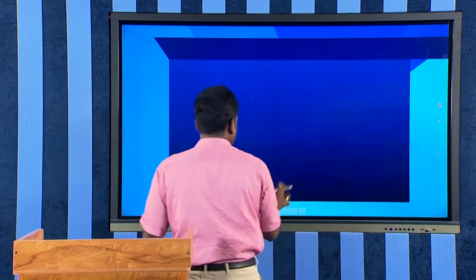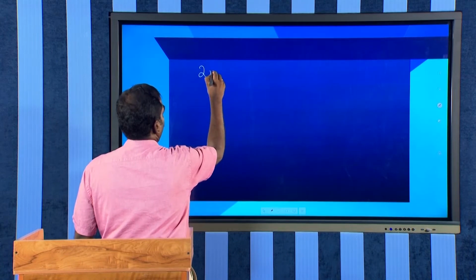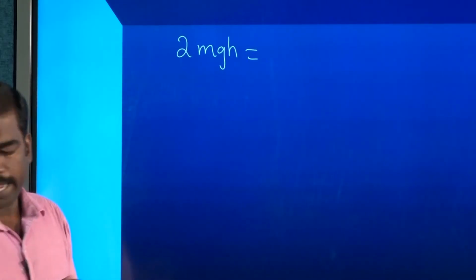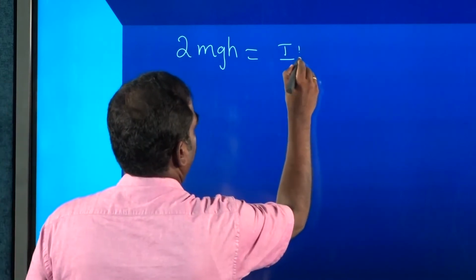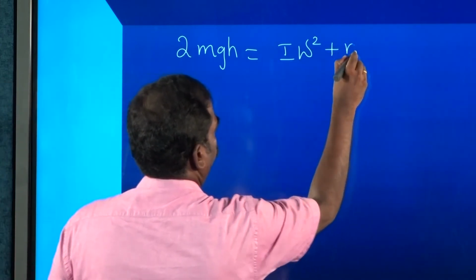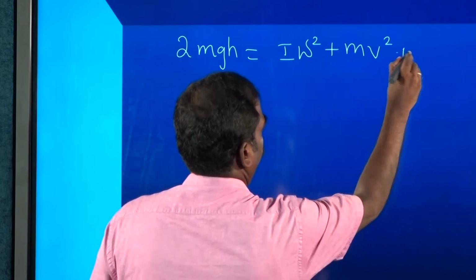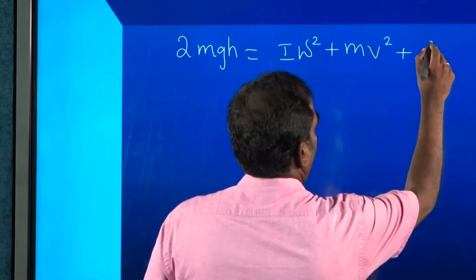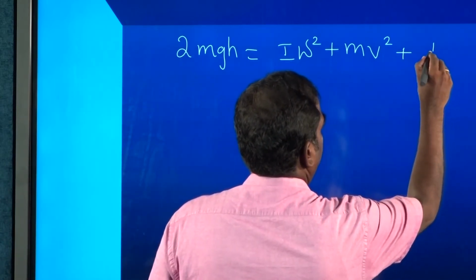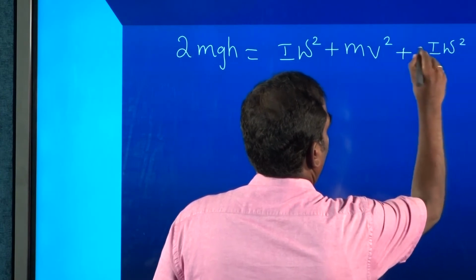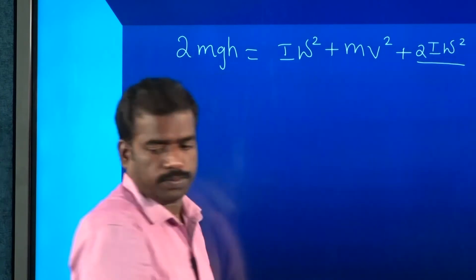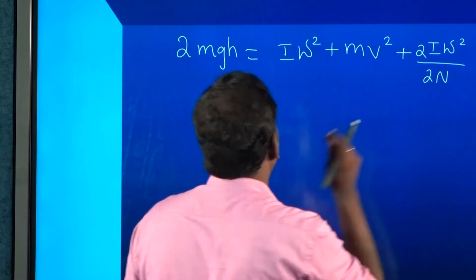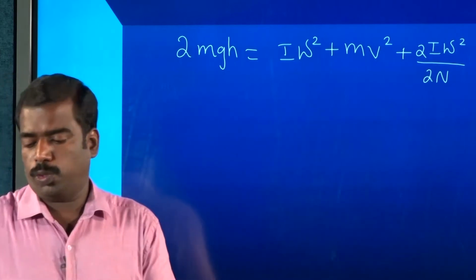So 2mgh equal to I omega square plus m v square plus 2n I omega square by 2N.